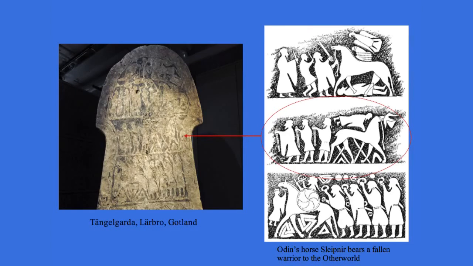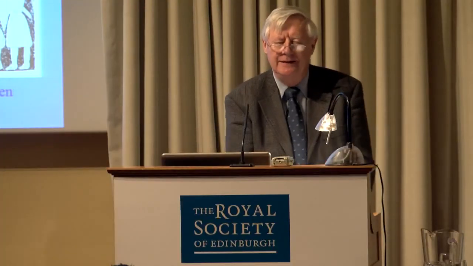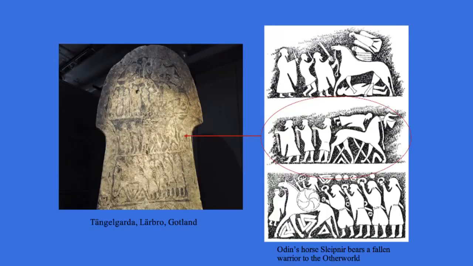But behind Odin's horse, there's a procession of three men walking backwards and carrying their swords inverted with the points facing downwards. And I wonder, could it be that some of the footprints and processional scenes in Bronze Age Scandinavian rock art, for example, are not meant to represent people walking forward, but people walking backwards?